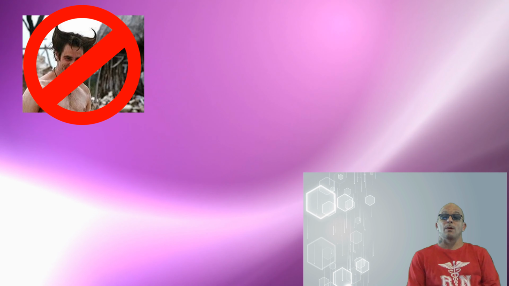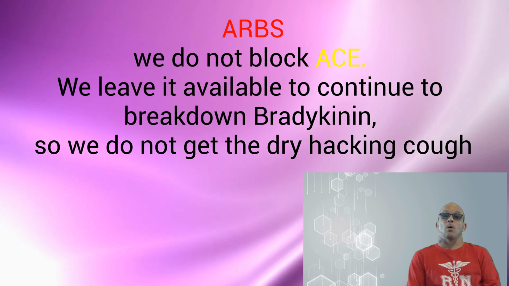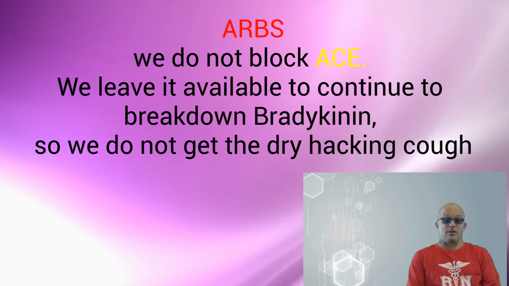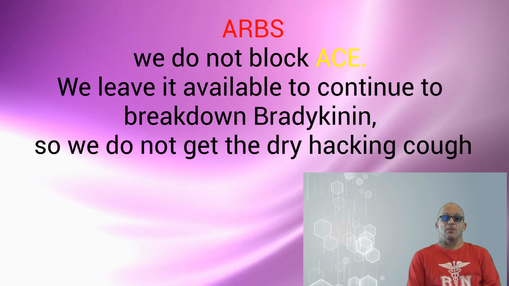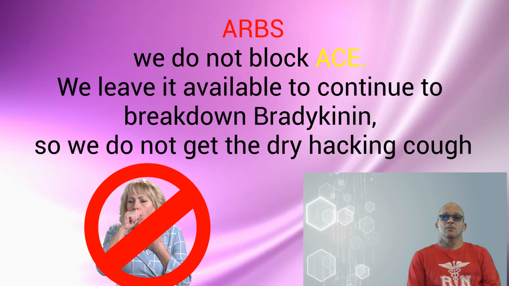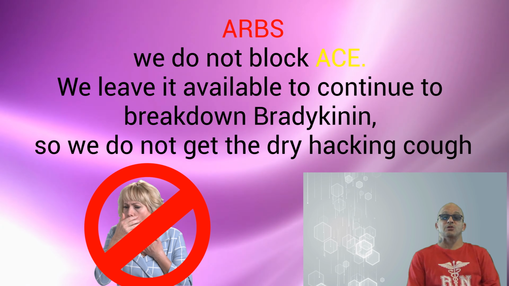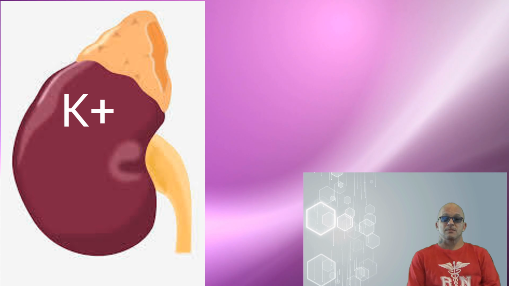So, when we block ACE, we block that breakdown, which produces that dry, nagging, hacking cough. Well, when taking ARBs, on the other hand, we do not block ACE, and we leave it available to continue the breakdown of bradykinin, so we do not get that dry, nagging, hacking cough when taking ARBs.